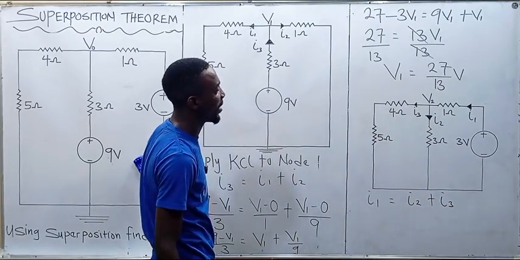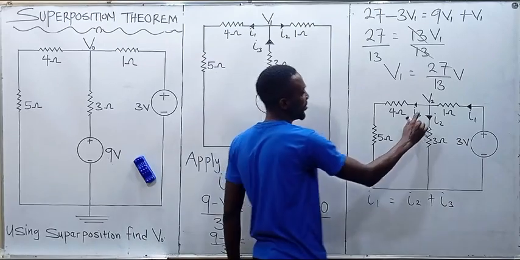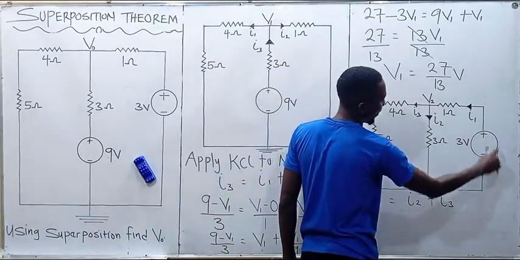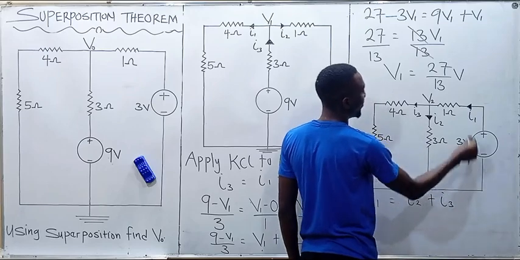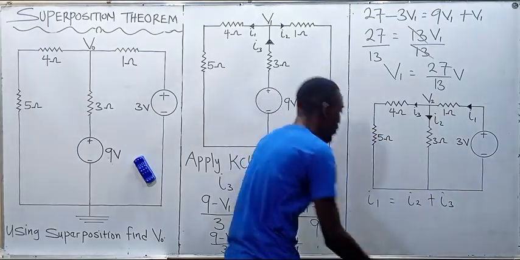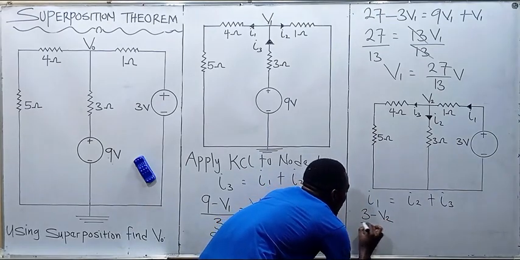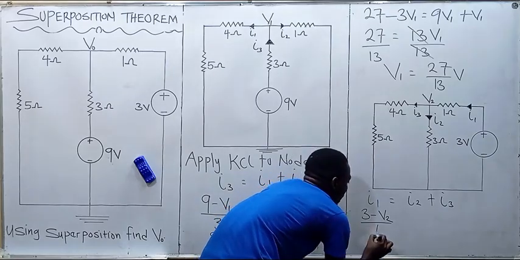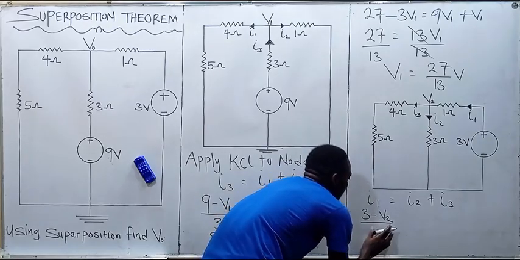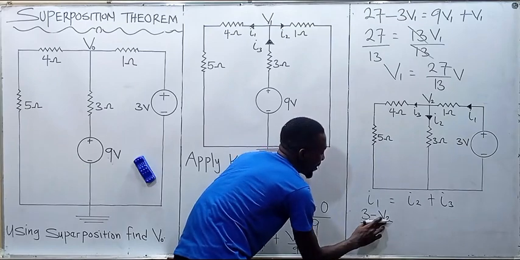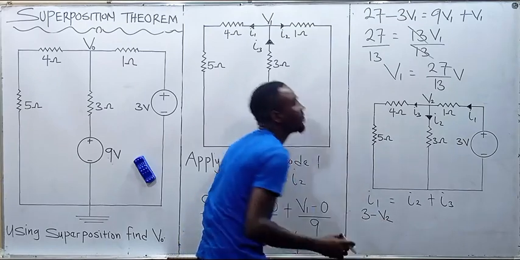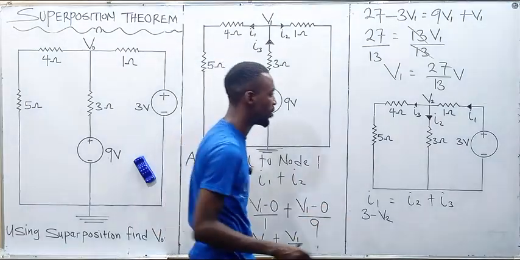So what is I1? I1 is 3 minus V2 all over 1, and 3 minus V2 over 1 is 3 minus V2.